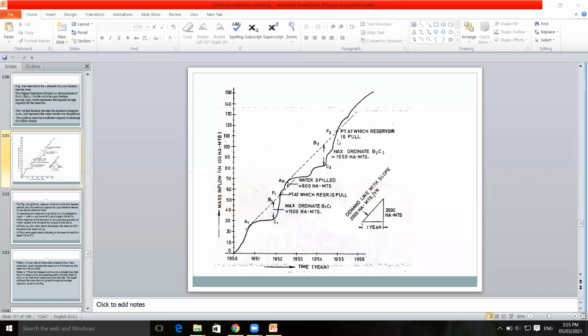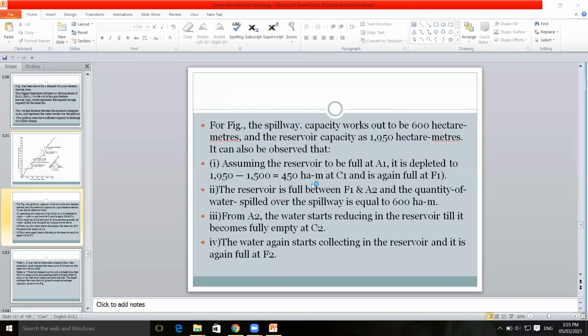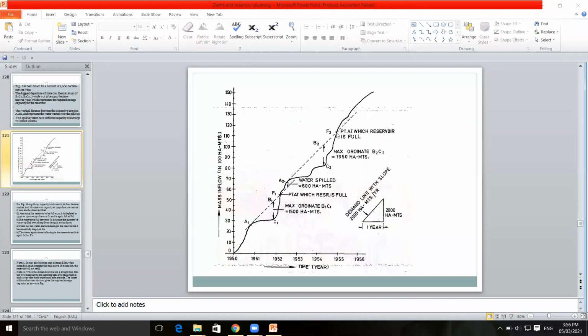Water storage has reduced up to C2. The maximum ordinate B2 C2 is 1950 hectare meters to fill the reservoir. So water again starts collecting in the reservoir and it is full again at F2.